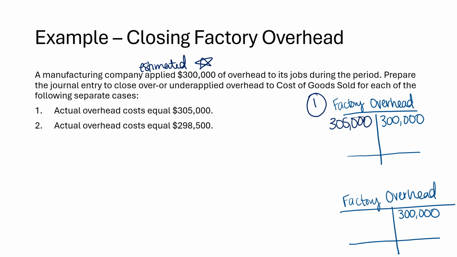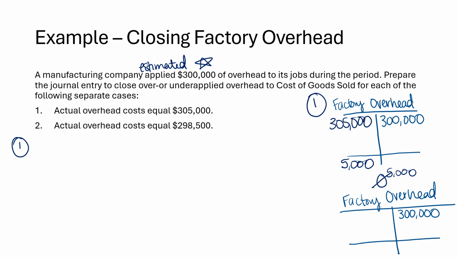What that means is that there will be a $5,000 debit balance in the factory overhead account. So this is where the actual costs are calculated in the debit column. What that means is that the actual overhead costs were greater than the applied or estimated costs. So to zero out this balance, we need a credit of $5,000 to knock this down to a zero balance. That means we need to credit the factory overhead account $5,000.